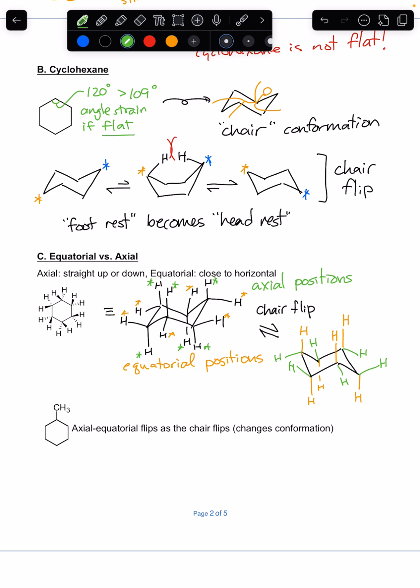And again, this is one of those things you can only sort of see for yourself and make sense of if you use your own molecular model kit. So please do. And maybe we'll say that the up and down doesn't correspond to axial versus equatorial.